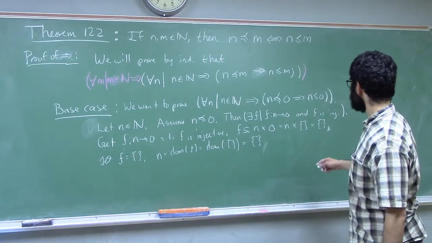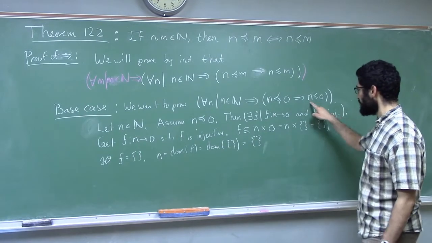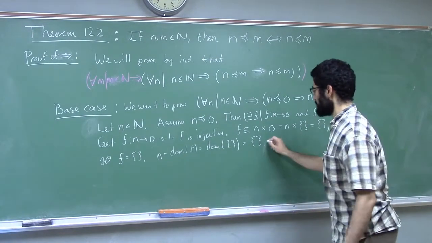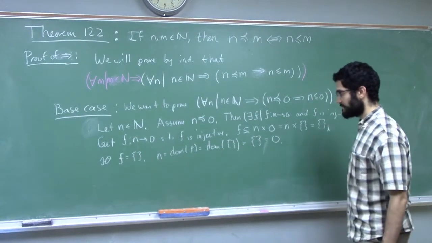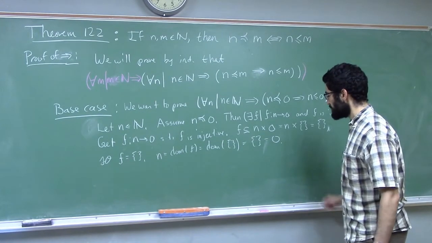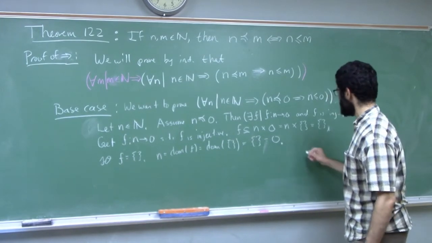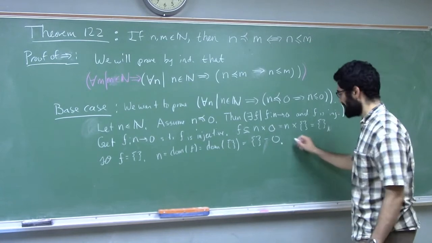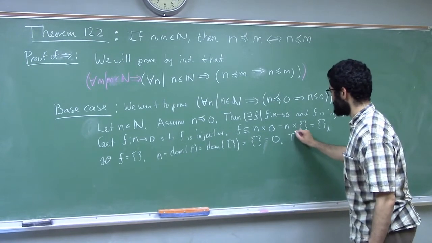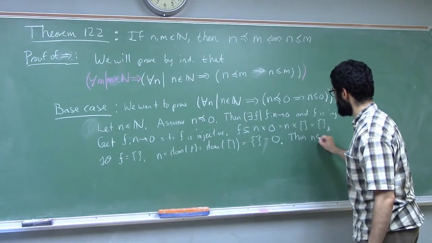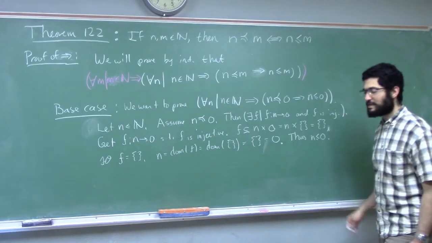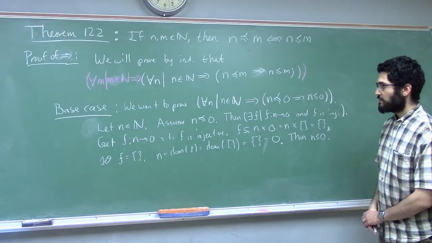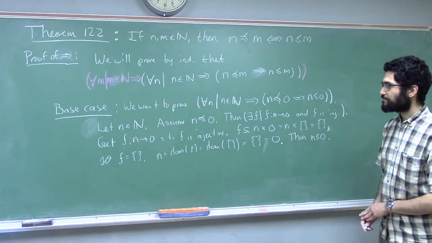Is that what I wanted? Well, n is a natural number. I wanted to prove n is less than or equal to 0. Well, the empty set is 0. Is 0 less than or equal to 0? Yes, because it is equal, right? Thus, n is less than or equal to 0 because n equals 0. So that's the base case.